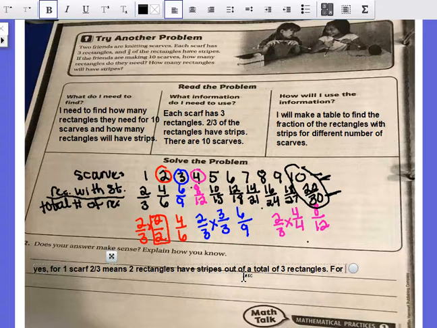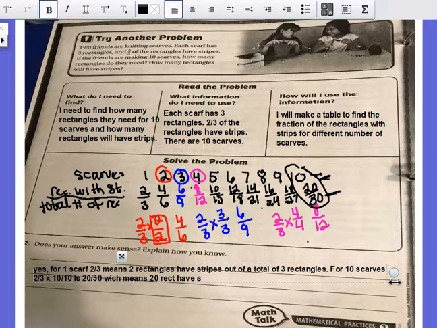And so in the end, for 10 scarves, 2/3 times 10/10 is 20 out of 30, which means 20 rectangles have stripes out of a total of 30 rectangles.